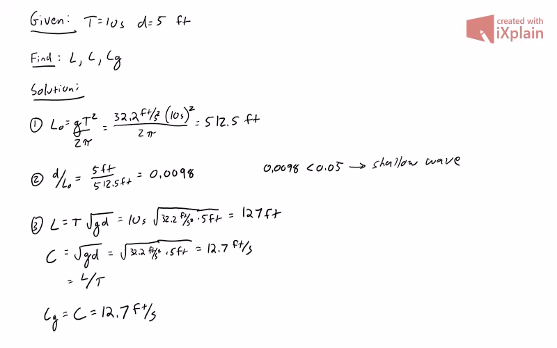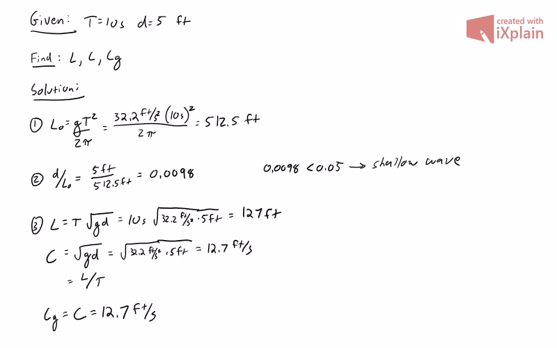Over all three of these examples, hopefully you can recognize some of the concepts that we've been talking about, and you can see that they're represented in the math. The deep water wavelength of the wave is always the same, 512.5 feet.